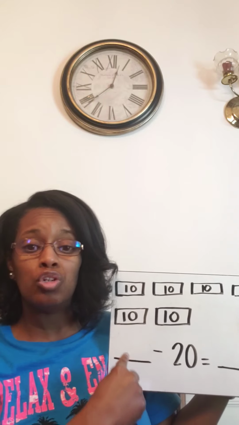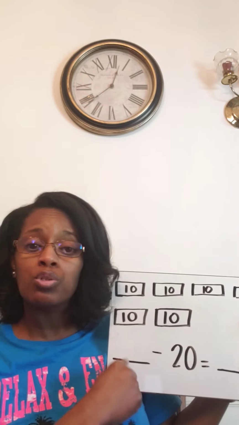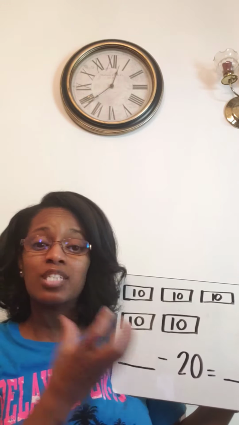Also, when we're subtracting, the biggest number comes first, okay? When you are subtracting, the biggest number goes first. So just remember that when you're subtracting, your biggest number goes first because that's what you began with.